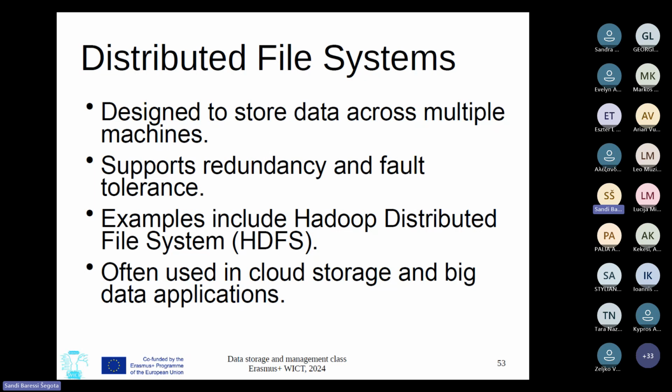What if I access the file and my colleague here, Leo, accesses the same file and we both change it at the same time, but he changed it on one system and I changed it on a different system? What happens? Which file is the master copy, so to speak? These are some issues that happen with distributed file systems. Again, we're going to discuss this deeper in big data, right?